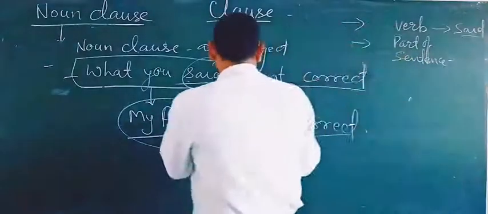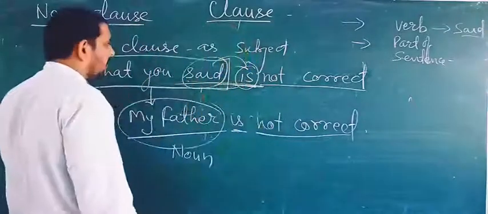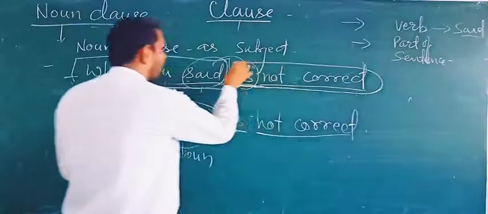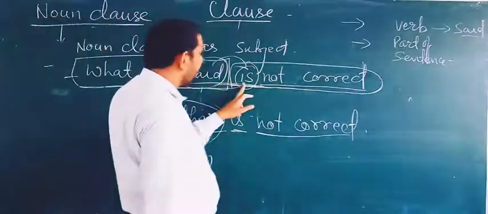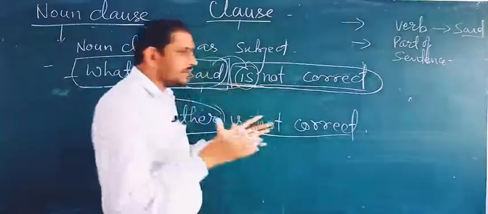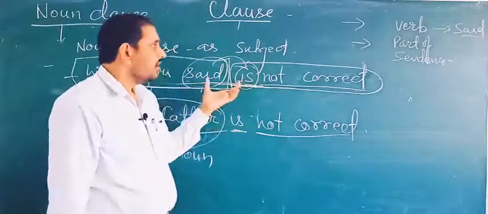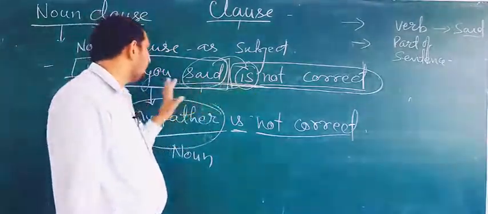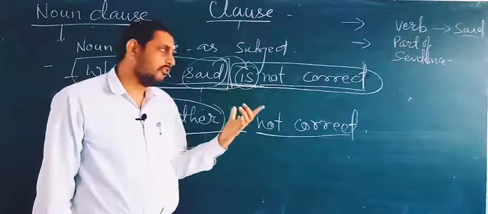This is one part and this is the other part. There are two verbs in the sentence, and both parts have different finite verbs.